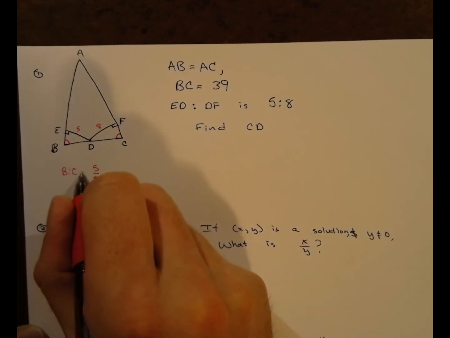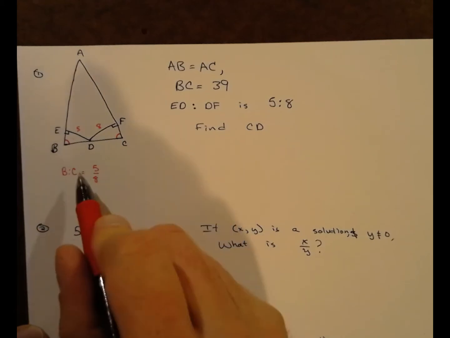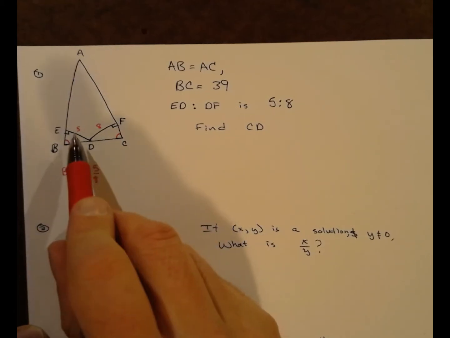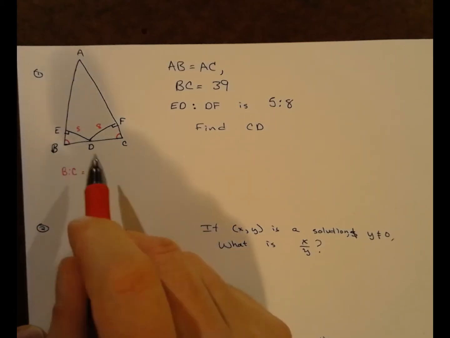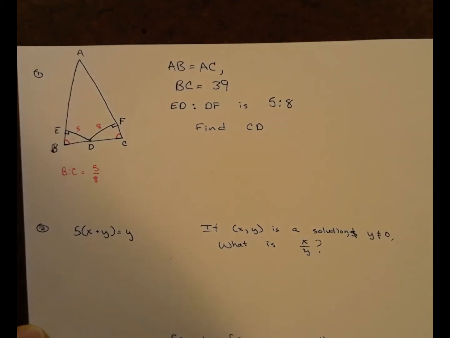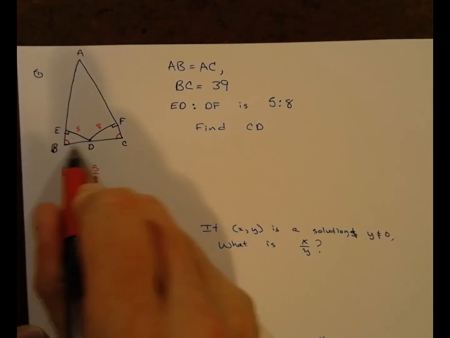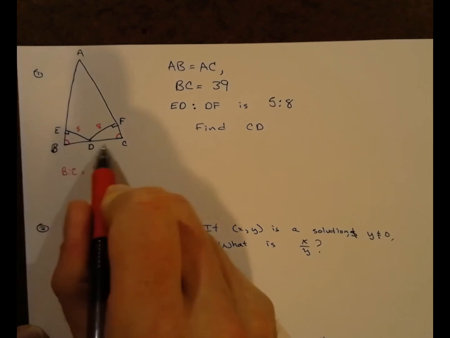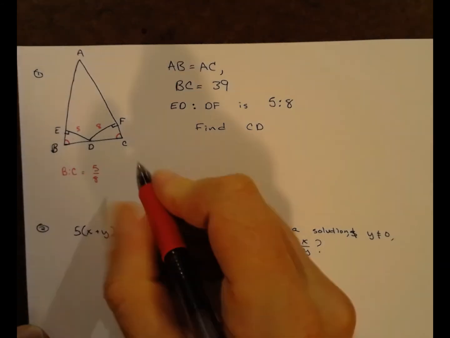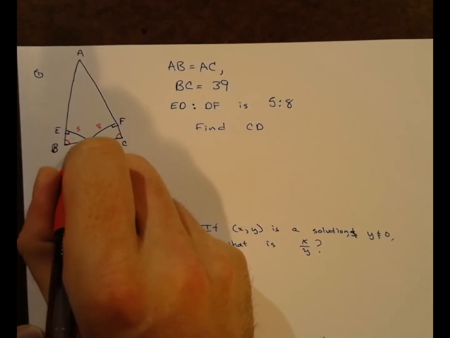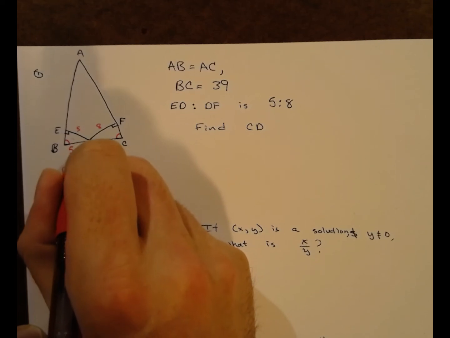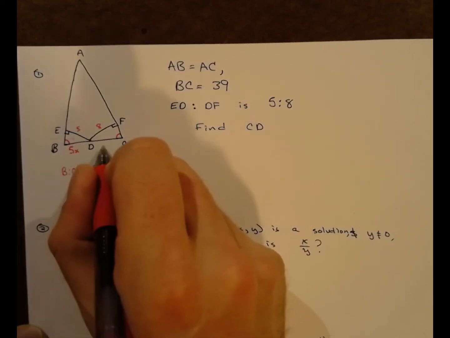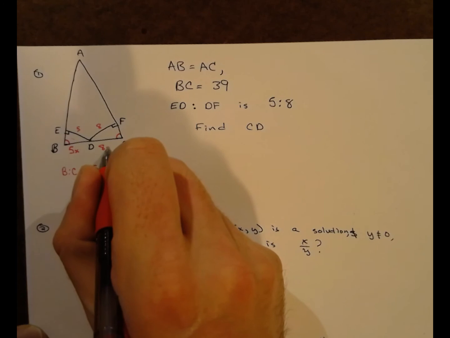All sides would be 5 to 8. And if you know the side lengths from this triangle to this triangle make a ratio of 5 to 8, that's going to be true for all the sides, including BD to DC. So there's going to be some 5 times some variable x and 8 times some variable x.